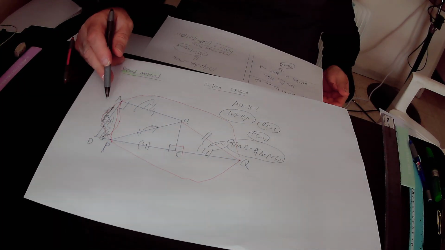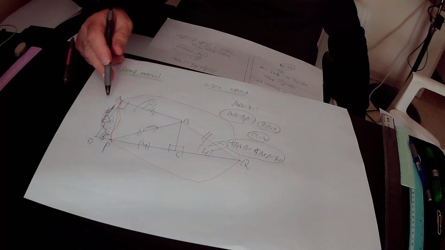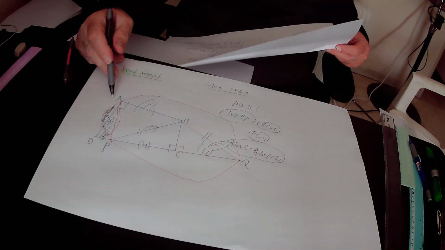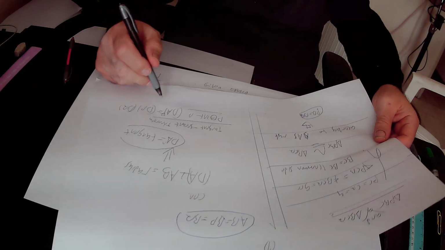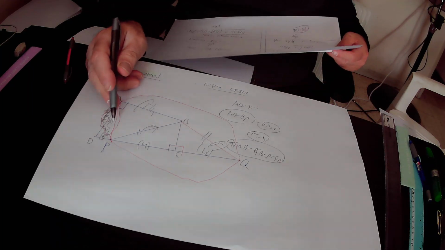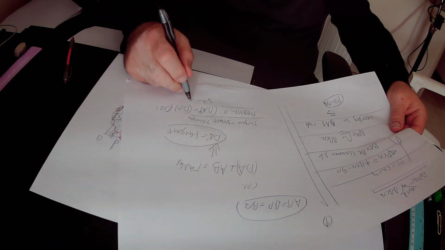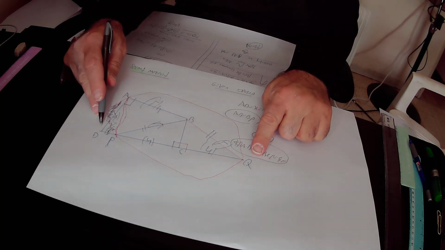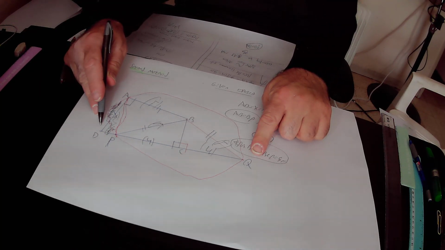DA equals x units in length, that is the last element we are looking for in this question. So DA squared equals x squared, and this equals DP, which is 1, times DQ. DQ in total equals 1 plus 4 plus 4, that is 9.